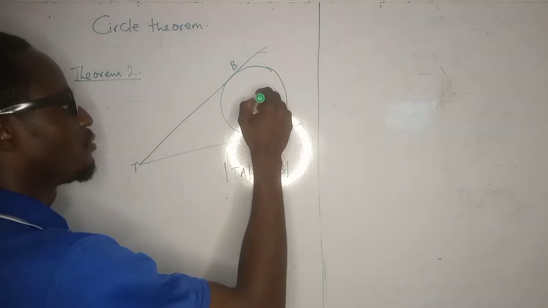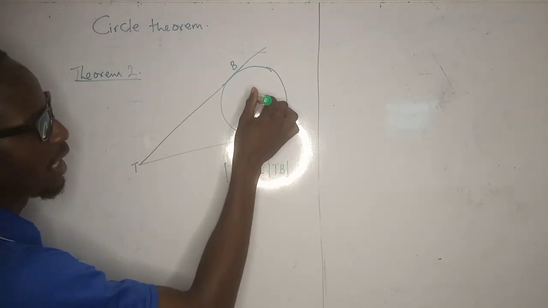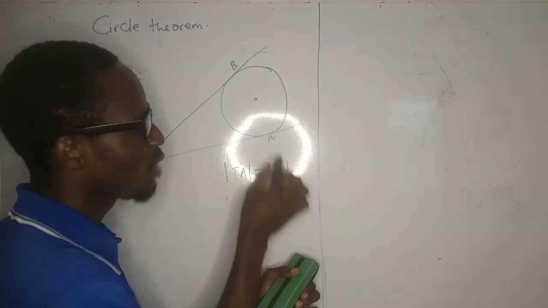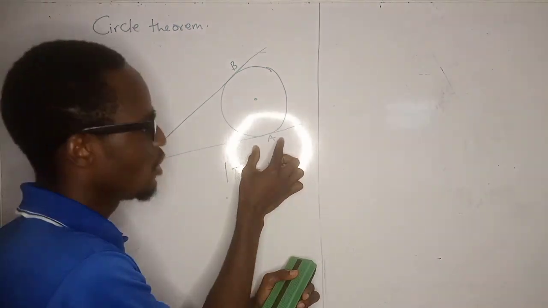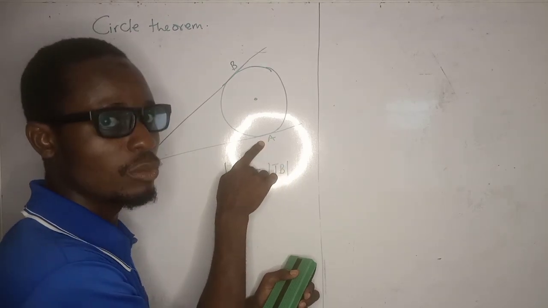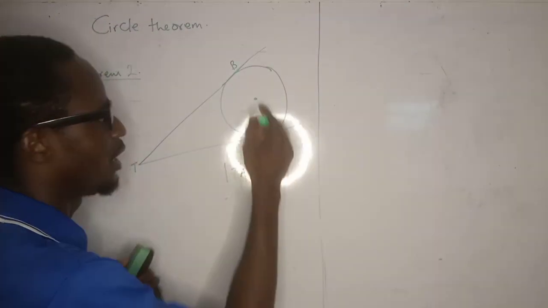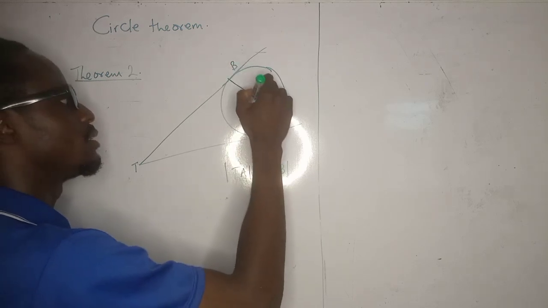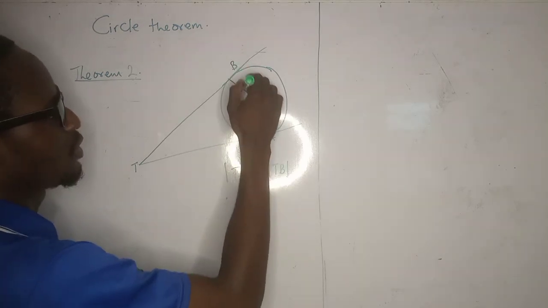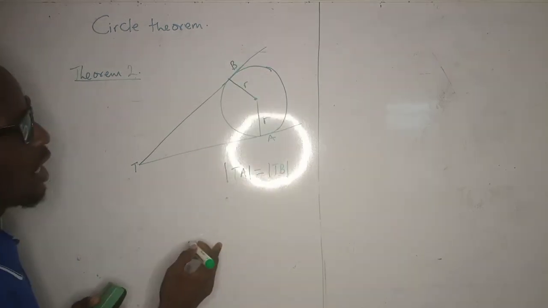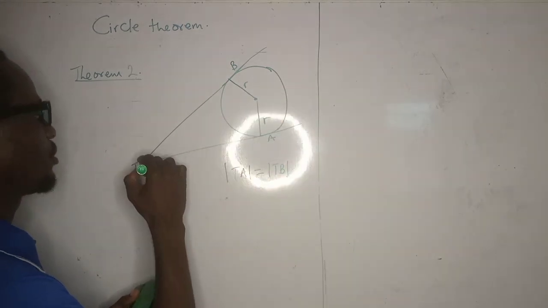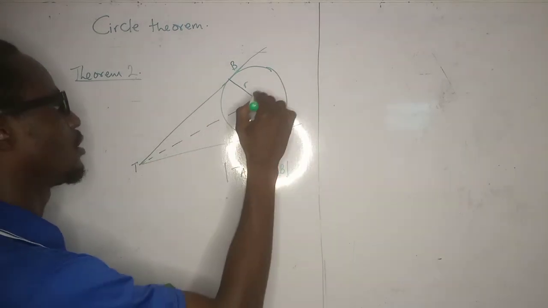Don't forget, if you draw a line from this point of contact, though this is not drawn to scale, a tangent should touch the circle at a very small tip, not as deep as this. But just pardon my drawing. So then you have this and then this. That happens to be the radius of the circle, r and r. Another property you have to understand here is that here you have a triangle.